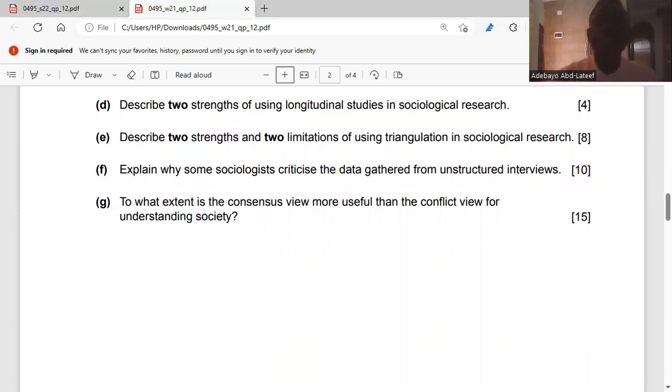The problem about using triangulation is that it's more time-consuming than using other methods. The researcher must be skilled in different methods, because if you don't know how to use interviews, you won't be able to use them. Maybe you are good at using questionnaires, but now you have to use questionnaires, interviews, and maybe surveys. So you have to be skilled in all aspects, and to find a researcher that is skilled in all aspects takes time. It might be expensive.